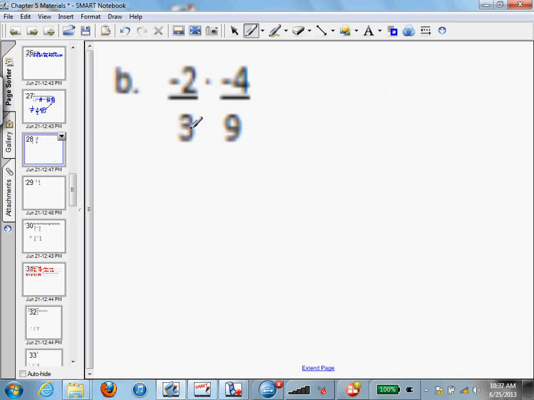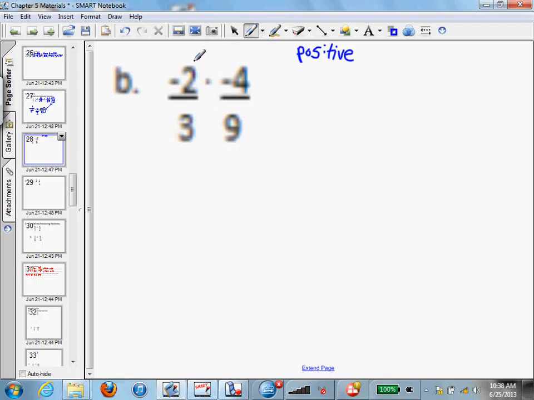Letter B, you have negative 2 over 3 times negative 4 over 9. If we think about our rules of multiplication, a negative times a negative is going to yield a positive answer. You can use our rules to multiply across, or you can use cross multiplication.